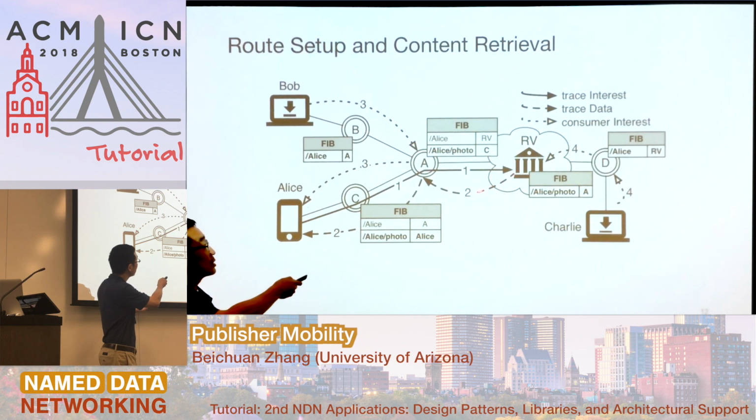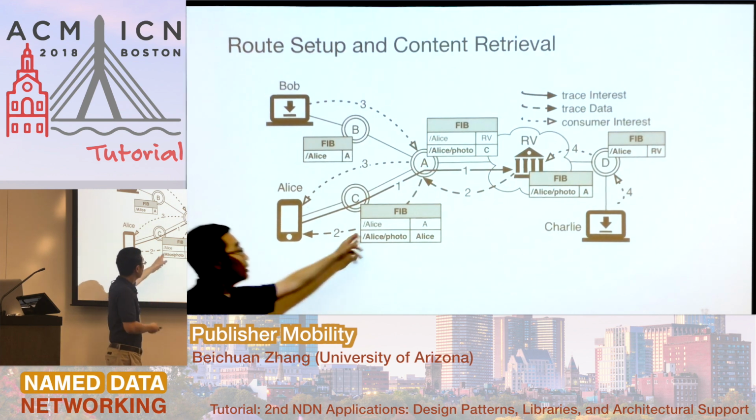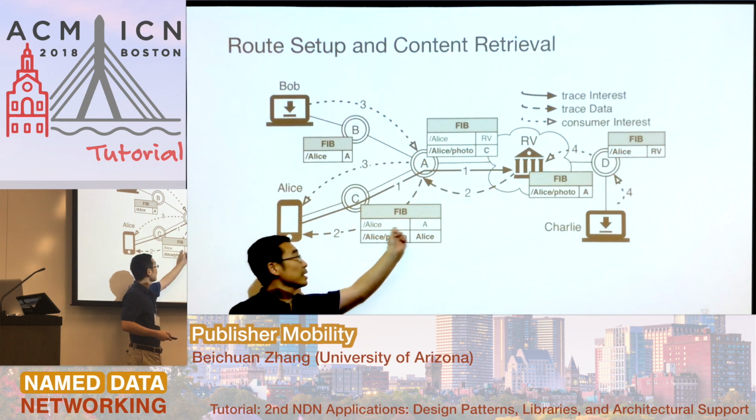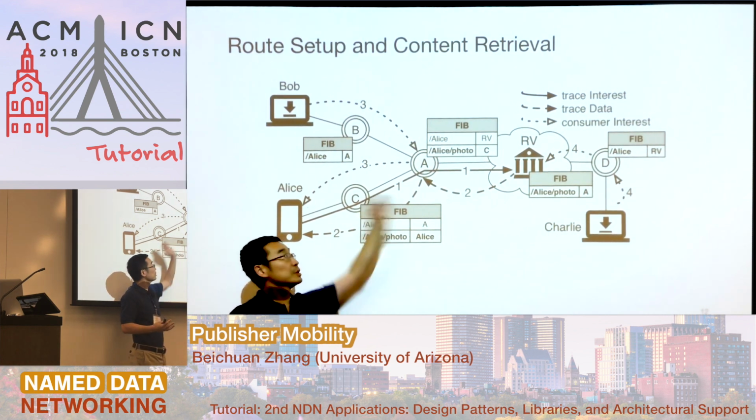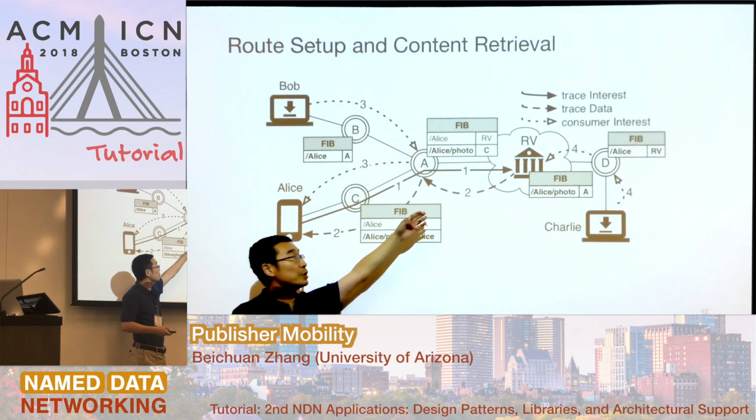And then in the second step, it will send back this special trace data. The routers A and C have the slash Alice as the regular routing entry towards the rendezvous point.